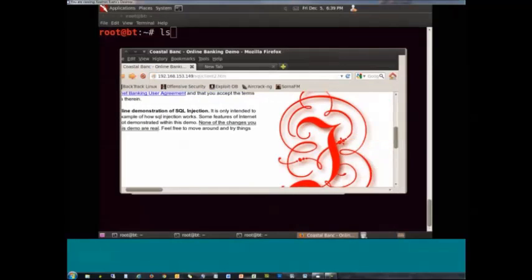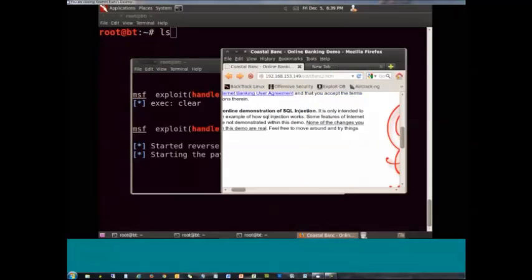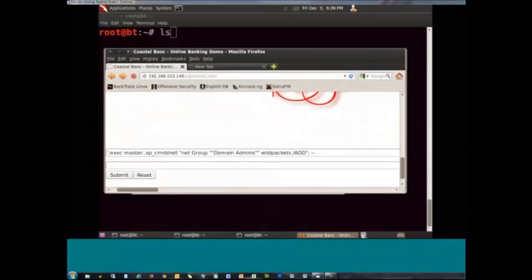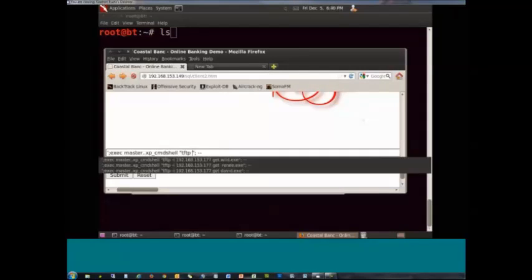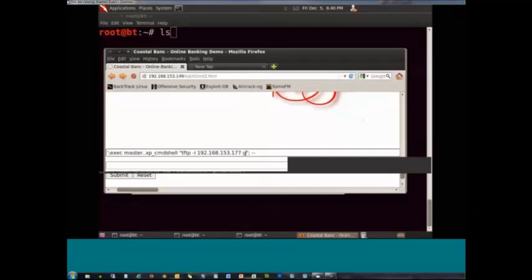Don't need it that small. So that injection would simply look like the following. And we named it wild.exe.